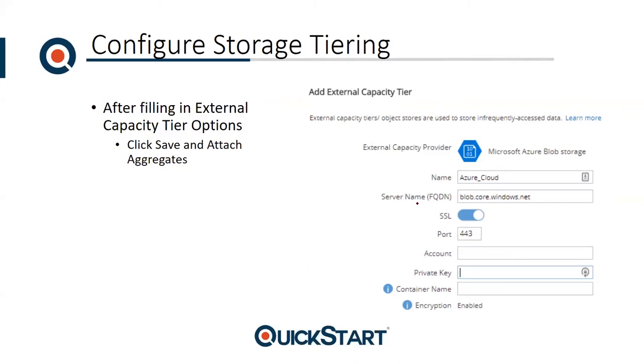So external capacity provider is my blob storage, give it some sort of name. There is an FQDN that goes with your blob container. So you want to specify that. And then the name of your storage account down here. So like this is standard across all of Azure. Your account is your specific name that you gave to the storage account.